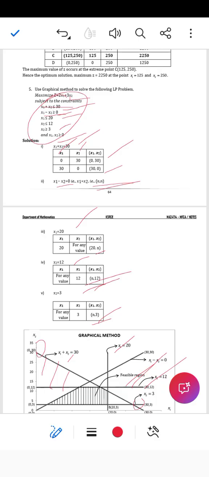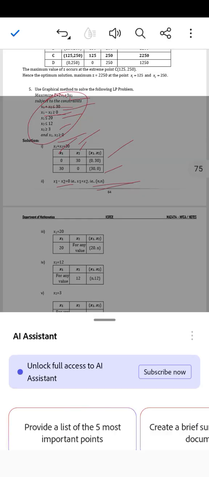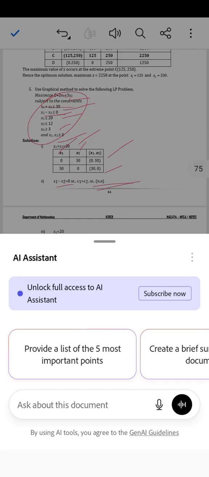After drawing these lines we find the boundary region using these inequalities. For x1 plus x2 less than or equal to 30, the satisfying region is below the line x1 plus x2 equal to 30. And for x1 less than or equal to 20, the satisfying region is the left side of the line x1 equal to 20.